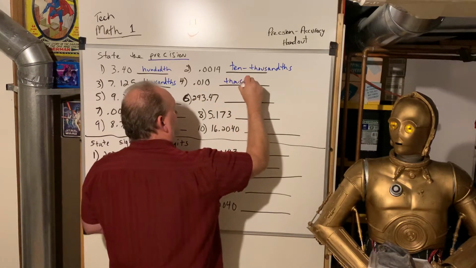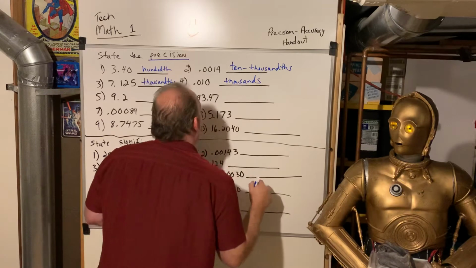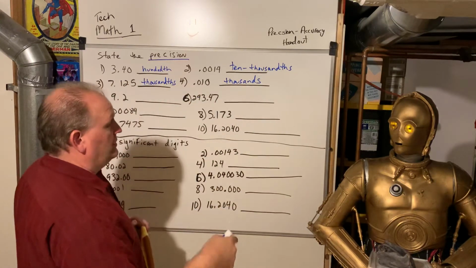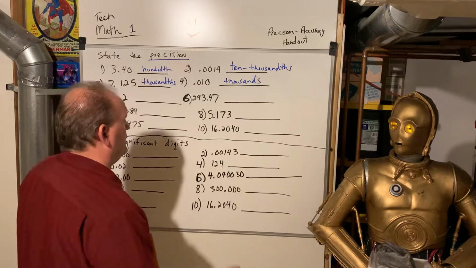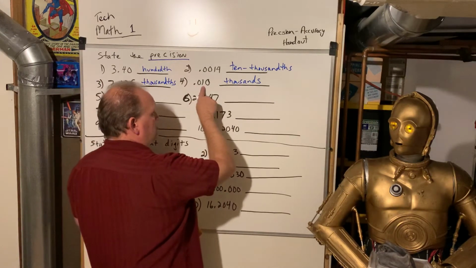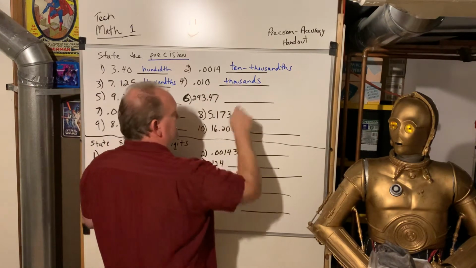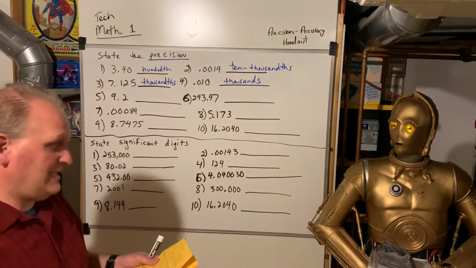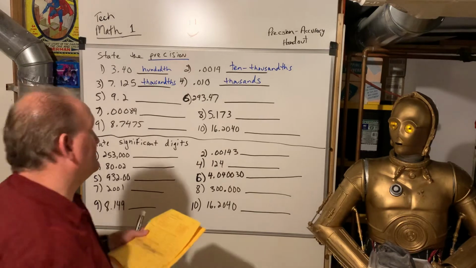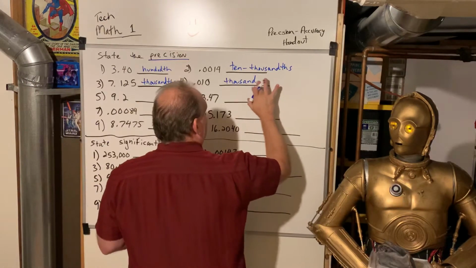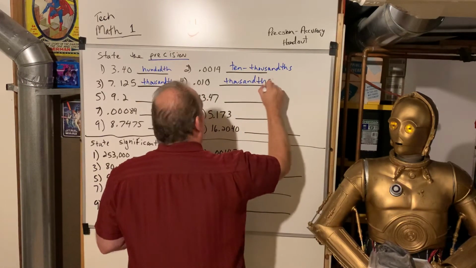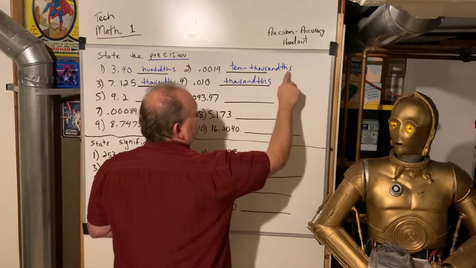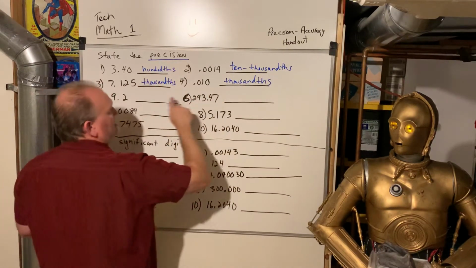So even though that is the same as 1 hundredth, it's still precise to thousandths place because they added that extra 0 after. Oops, I said thousands, and you've got to say thousandths. Make sure: hundredths, 10,000ths, thousandths.